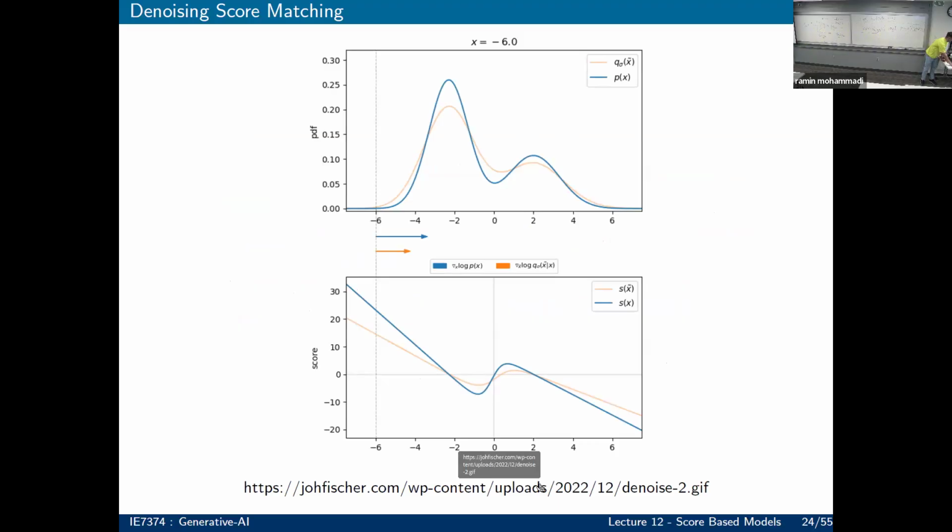Now, let's look at this. The image on the top is similar to what you saw before, which shows that as you add noise, how far you get from the distribution. The image on the bottom shows you two things. S theta, the blue one, is the vector field of the real data. The orange one is the vector field of the noisy data.